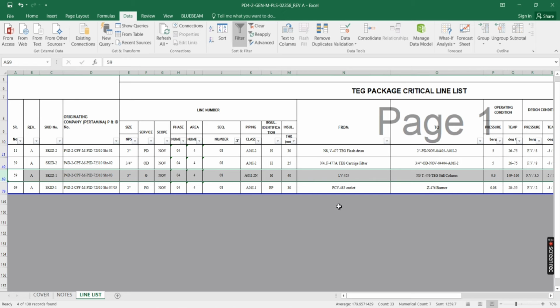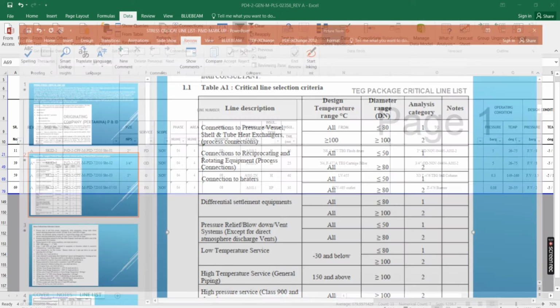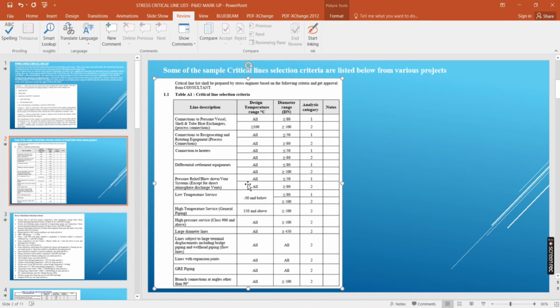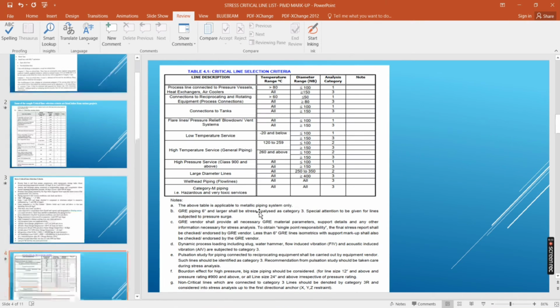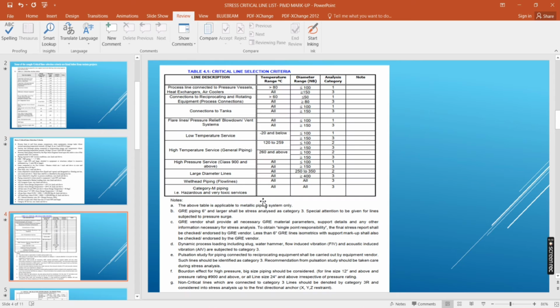So in this they have considered this as a critical line. Even though the line size is 3 inch, they consider it as a critical line because this is not related to a particular project. Maybe we'll see some other project with other criteria. Then you will come to know.